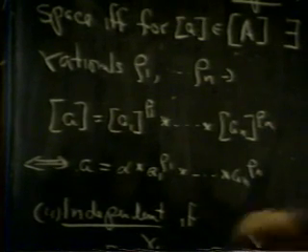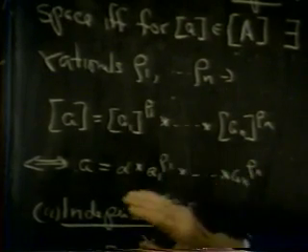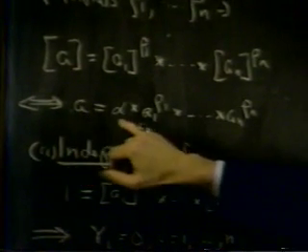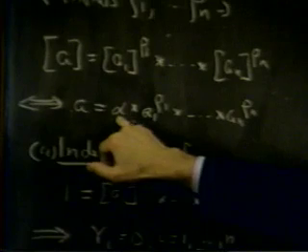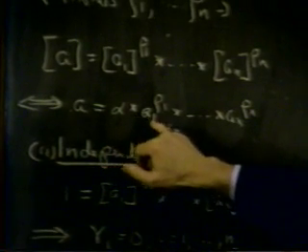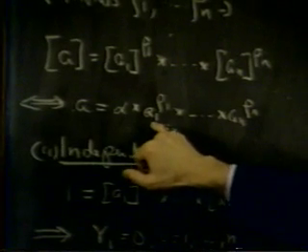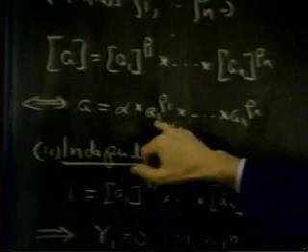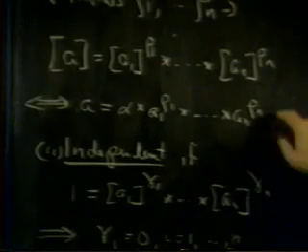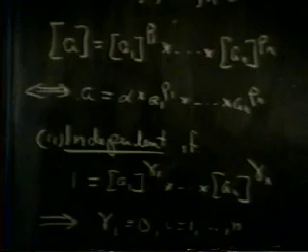Put back into the original space of physical quantities, it's saying that the element A can be represented as a real number composed with the typical element A1 of the first base dimension raised to the rho 1 power composed with the second one to the rho 2 power and so on. That's what I mean by spanning the vector space.